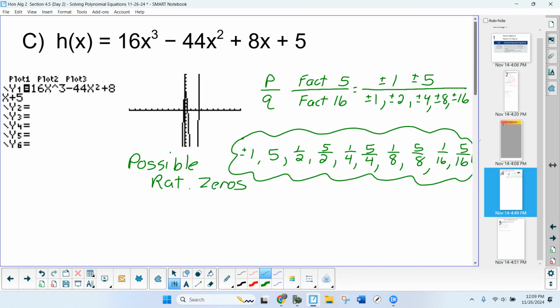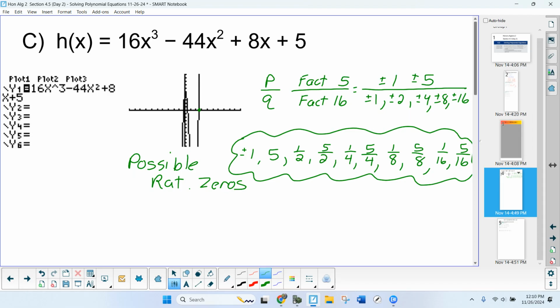Well, that still didn't help me because I've got a whole bunch of fractions that could be between 0 and -1 and between 0 and 1. I might be able to figure this one out. This is between what two numbers? Between 2 and 3. Well, I've got a couple of possibilities. It could be 5. It could be 5 halves. That's it.